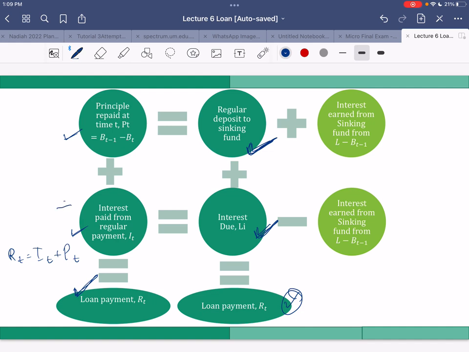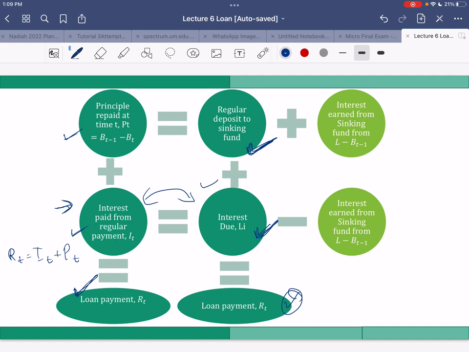This one is a bit different. This is not the interest due; this is the interest paid from the regular payment. Why are these two amounts different? Part of the interest due is actually paid by the interest earned in the sinking fund.